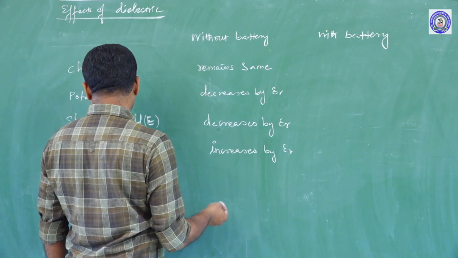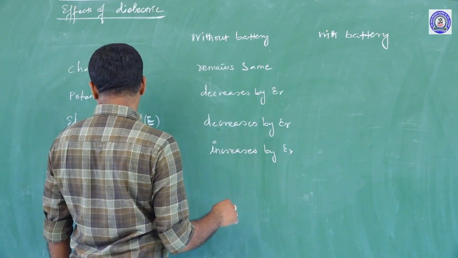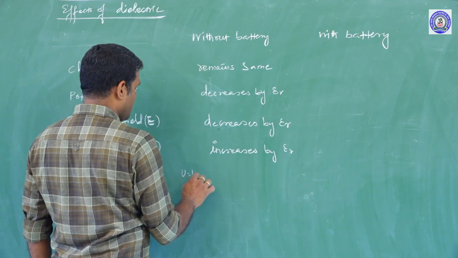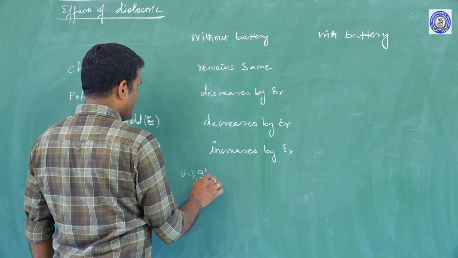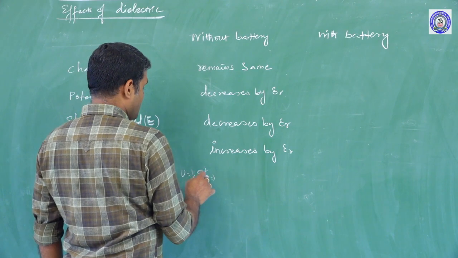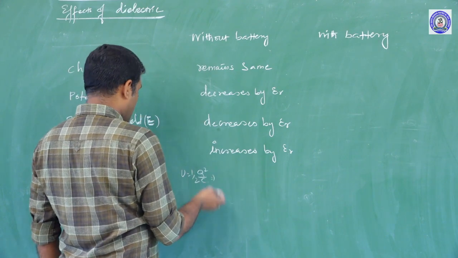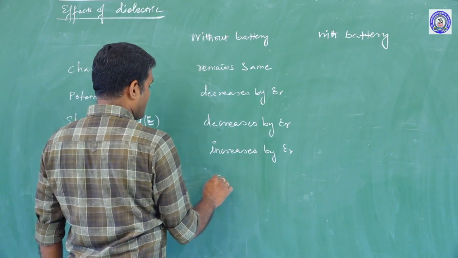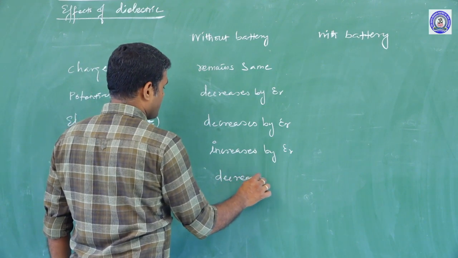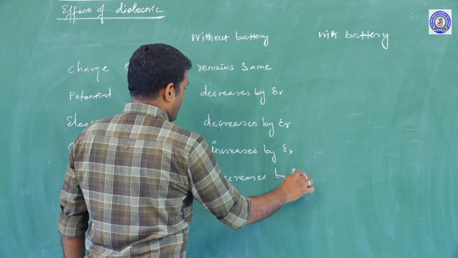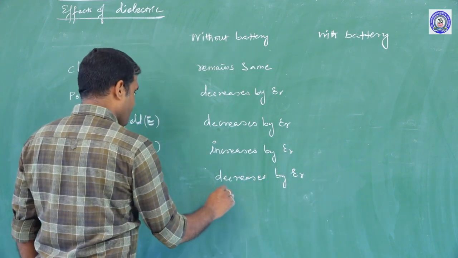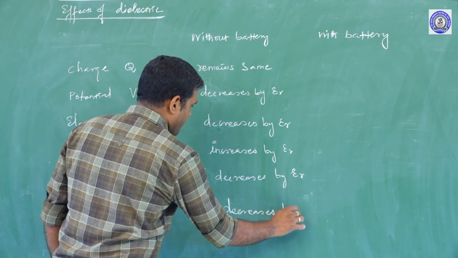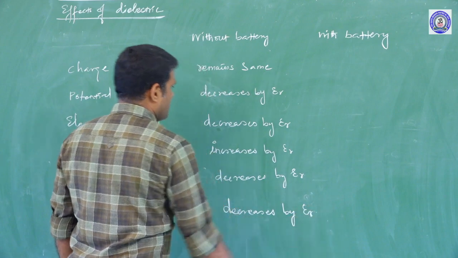Energy, as you know, U equals half Q square divided by C. Charge remains the same and capacitance increases by epsilon r times, so energy decreases by epsilon r times. Energy density also decreases by epsilon r times.